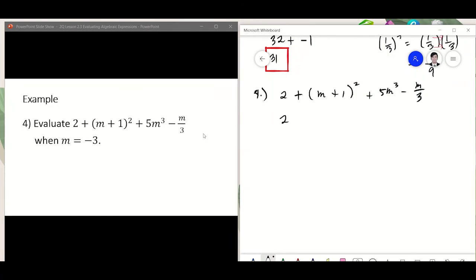Okay, constant term because it's just a 2 plus, meaning there's another term coming. So m, don't forget to enclose it in a parenthesis just to be sure. Plus, meaning this is another term.